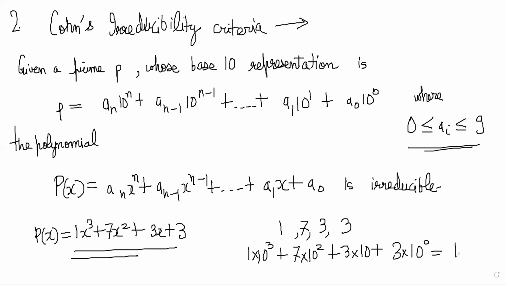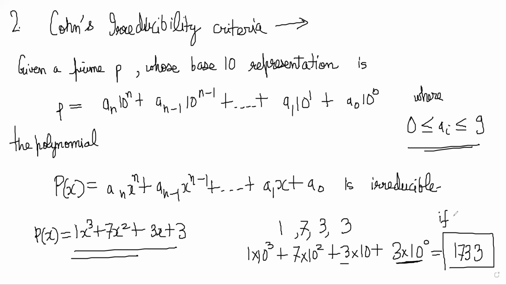This number is basically 1733, because 3 into 10 is 30, and yes, 1733. So the coefficients of the equation are the base 10 representation of 1733.